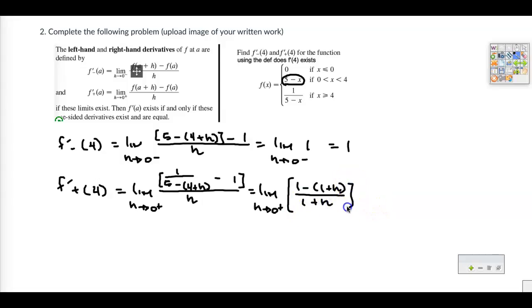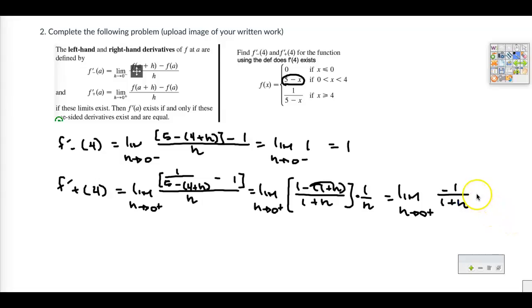And then we multiply by the reciprocal, 1 over h. When you distribute here, the 1's cancel. And when you distribute here, you are going to get a minus h. And that minus h, this h is going to reduce. So you're going to get the limit as h approaches 0 from the right. This is going to be negative 1 all over 1 plus h.